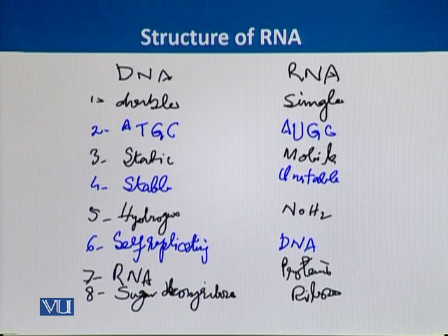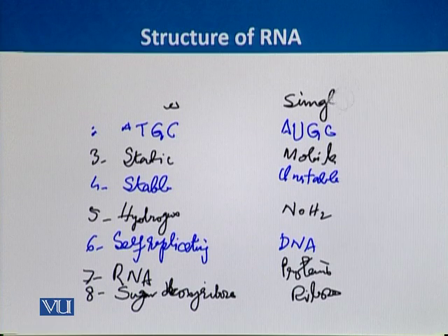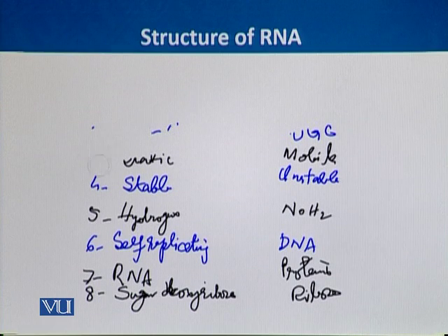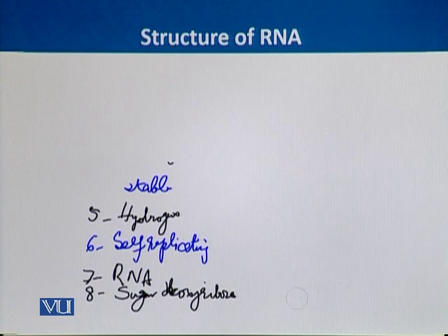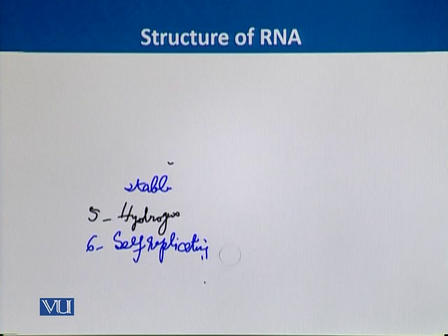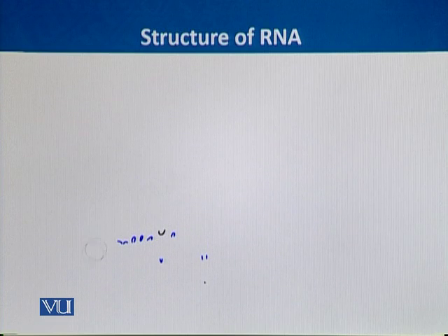For the eighth difference, the sugar difference, deoxyribose in DNA and ribose in RNA, we have to see the structure of these sugars so that we can make sense of these structures, because this is the main difference in the sugar-phosphate backbone of DNA and RNA.